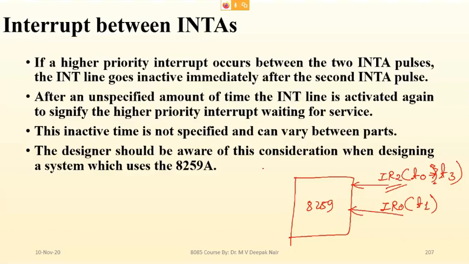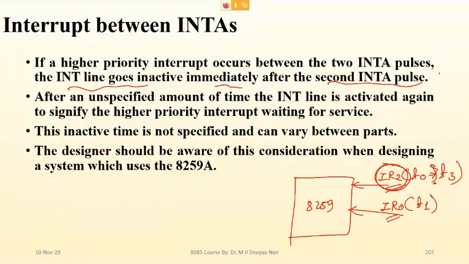In such a case, if any higher priority interrupt comes between two INTA pulses, that means this particular interrupt has not started being served. It will be served only when you get all three INTAs. So if before the third INTA a higher priority interrupt comes, then the INT line goes inactive immediately after the second INTA, because the third INTA was not passed.